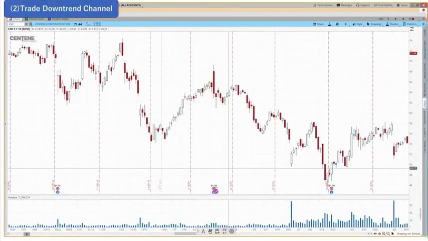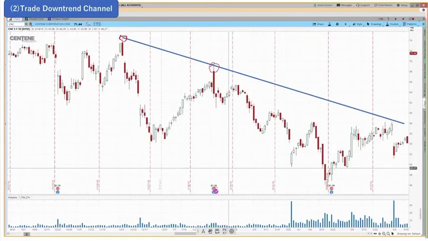Okay, so this is another example of trading channels, which is a downtrend. The same way, firstly we see where the support levels and resistance levels are, and then we draw them together to get the trend first. This time we start from the upper line. You can see here is a resistance line. Here's another resistance.